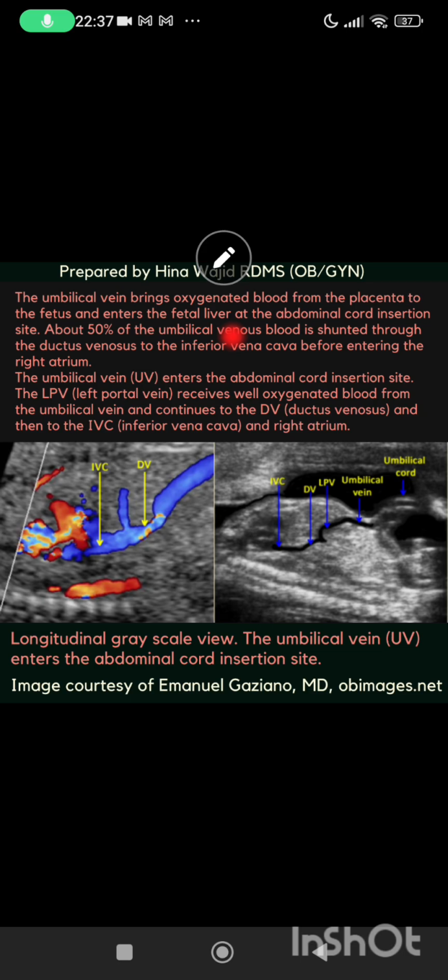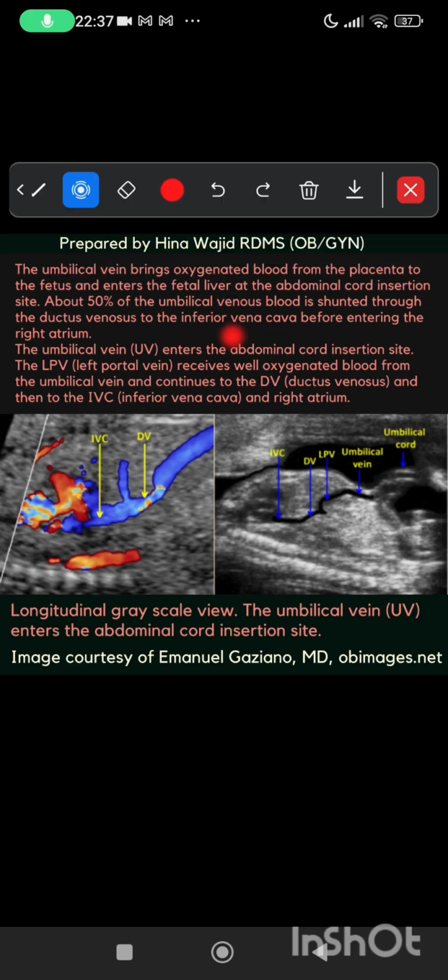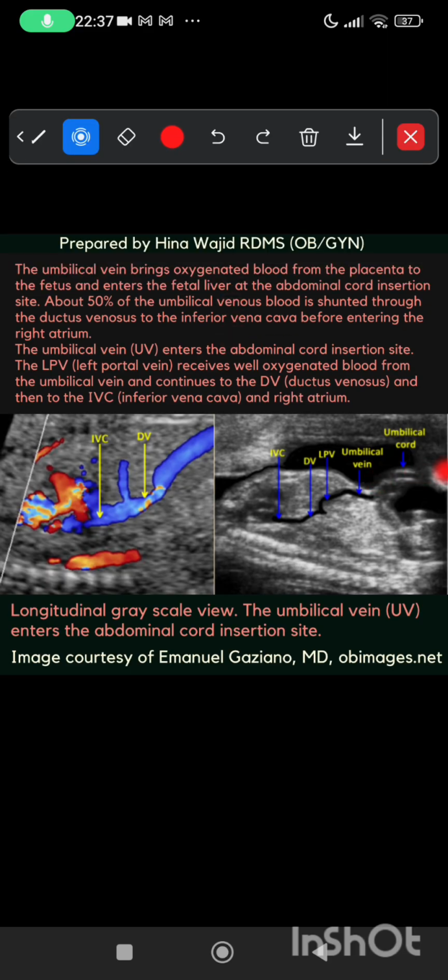So now our focus is on the ductus venosus. So here we can see the umbilical cord, and then at the umbilical cord insertion site, the umbilical vein enters into the liver. The left portal vein receives oxygenated blood from the umbilical vein and continues to the ductus venosus.